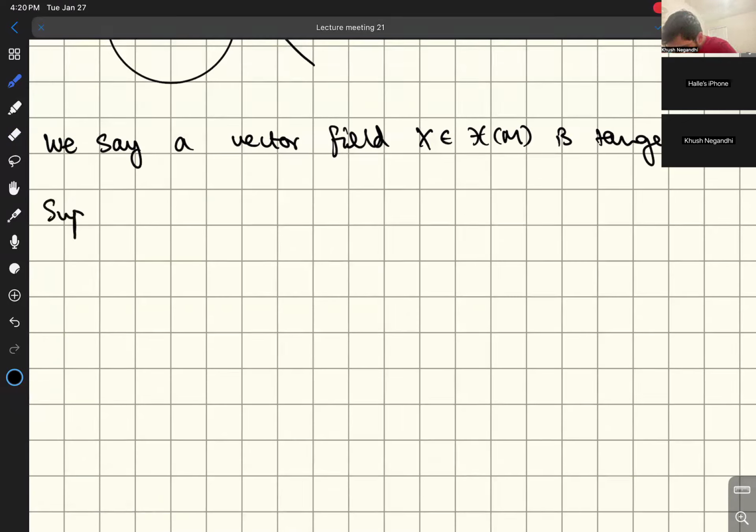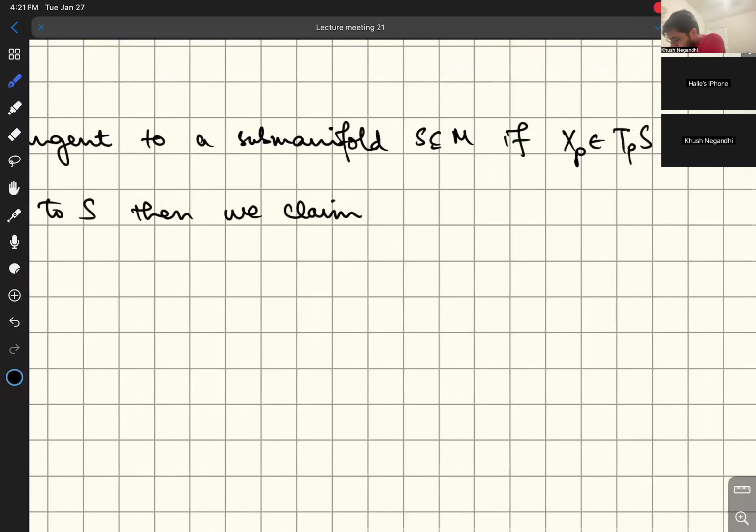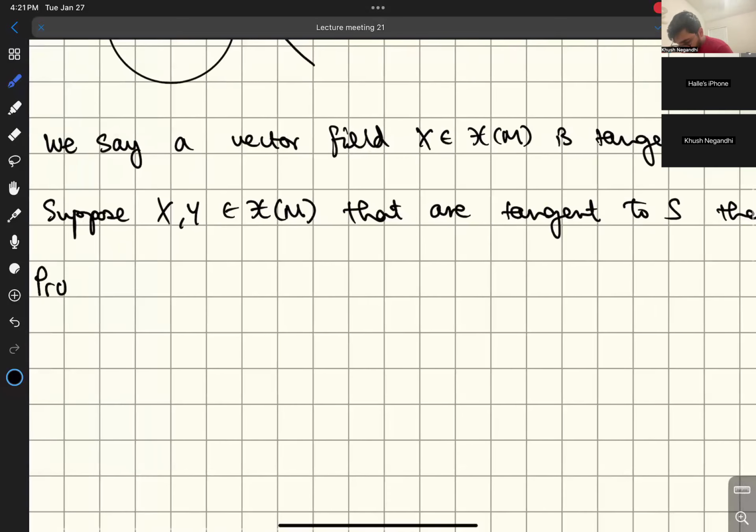Suppose X and Y are vector fields on M that are tangent to S. Then we claim that their Lie bracket is also tangent to S. And the proof is simple.